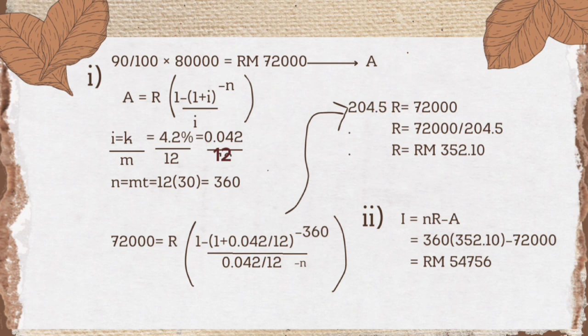So we already found everything that we need. So we just fill the formula and solve the question. Okay, the second question is find the interest charge. So the formula for interest charge is I equal to nR minus A. So just fill in the formula and solve the question.